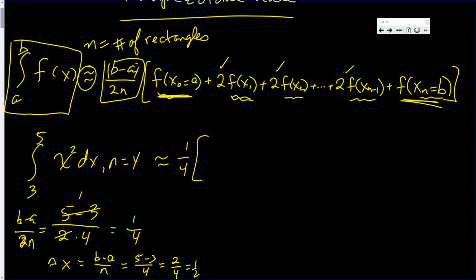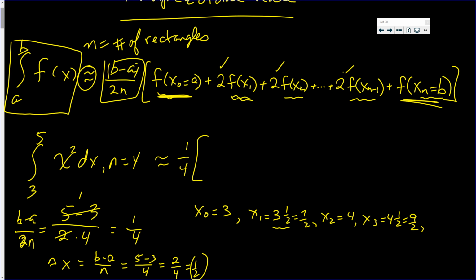Okay, so what we have is that x0 is a, and x1, well, I add a half. It's 3 1/2, or 7/2. And x2, well, I add a half. It's 4. And then x3 would be 4 1/2, or 9/2. And then x4, add a half to 4 1/2, you get 5. And that's where we stop.